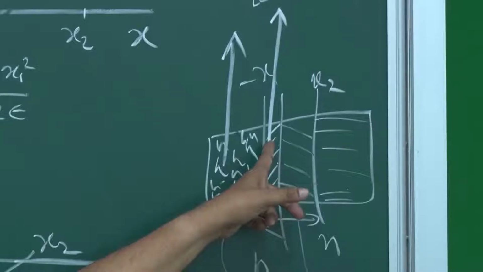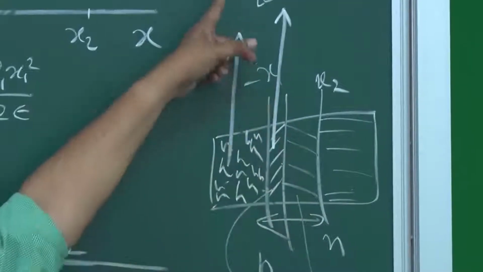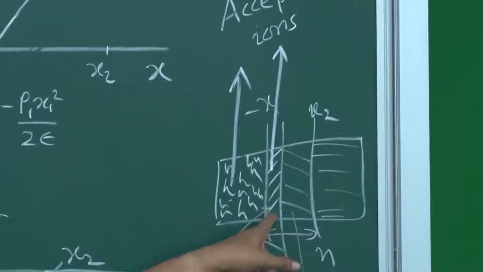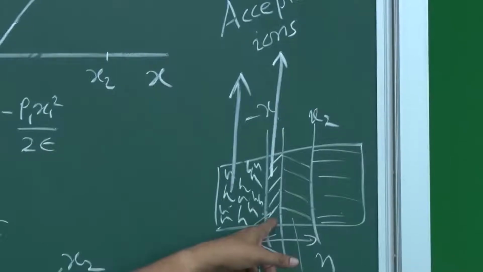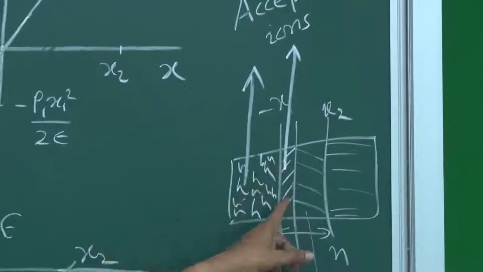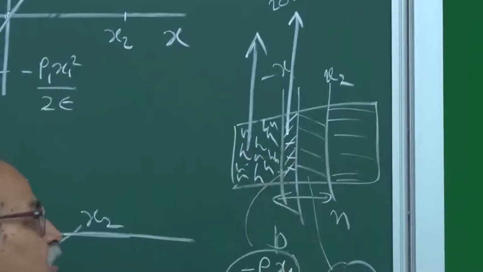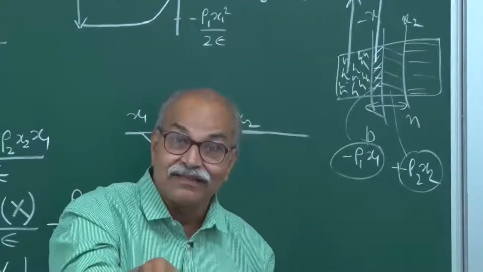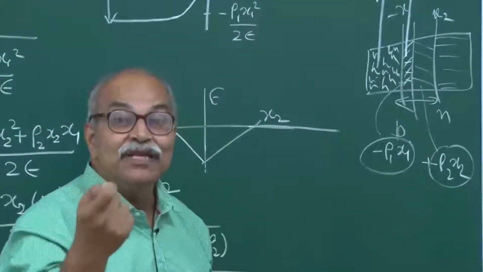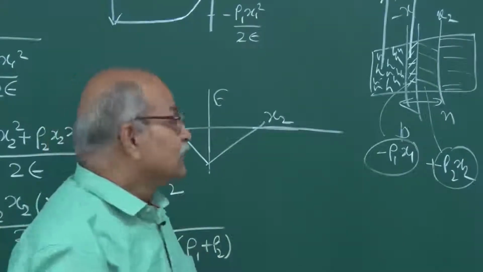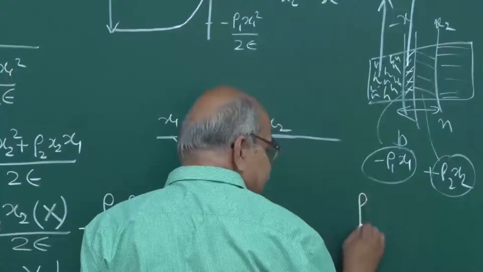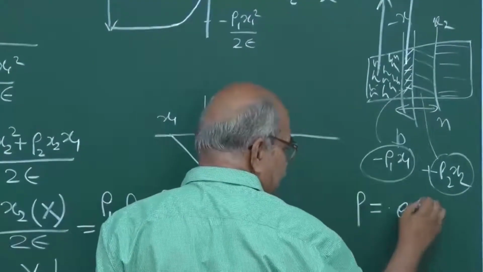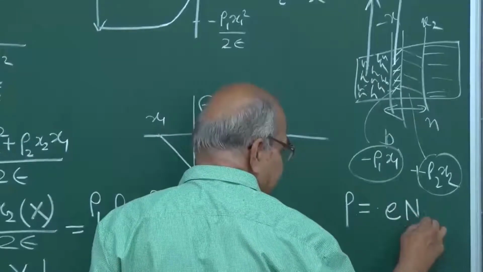This charge carrier has gone. So those ions which are there, those will still remain there. The hole has moved and recombined and has gone away. Therefore, you have this negative charge. All right. So each acceptor ion which is sitting there in the depletion layer is giving you 1 unit of negative charge. So the charge density will be just E times the density of acceptor ion.